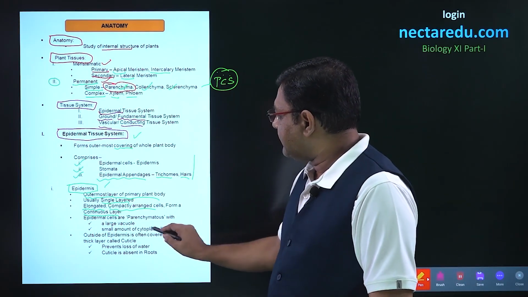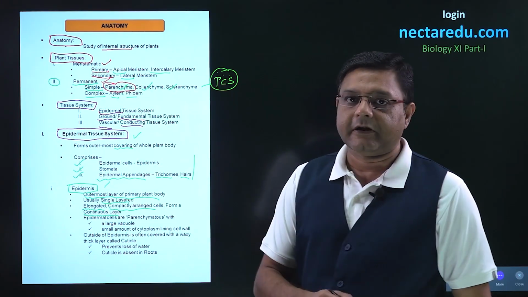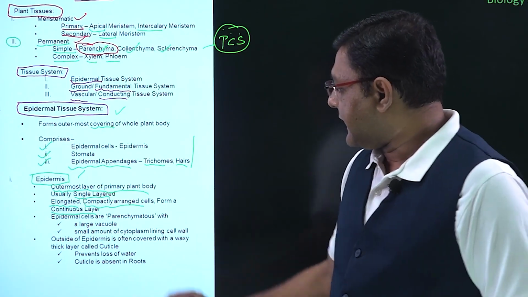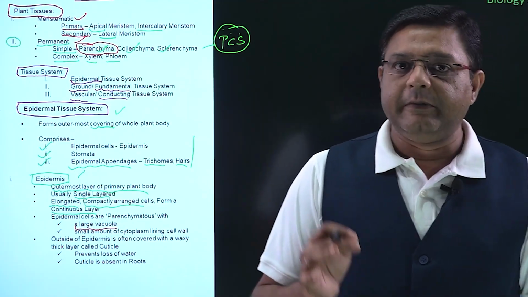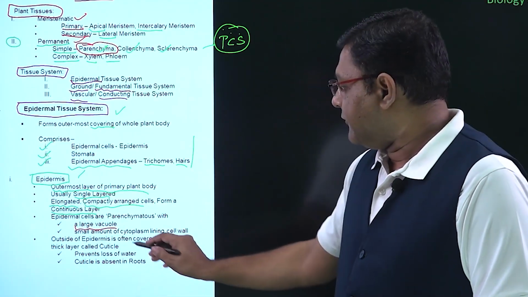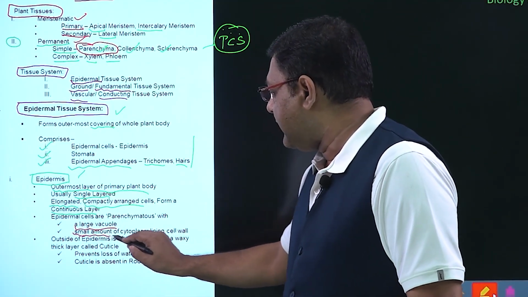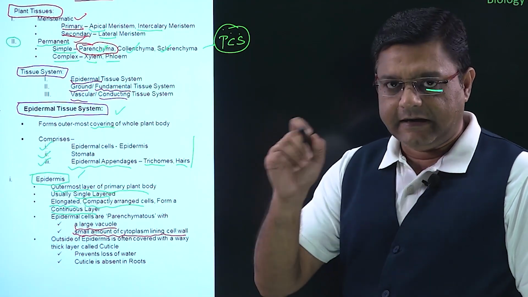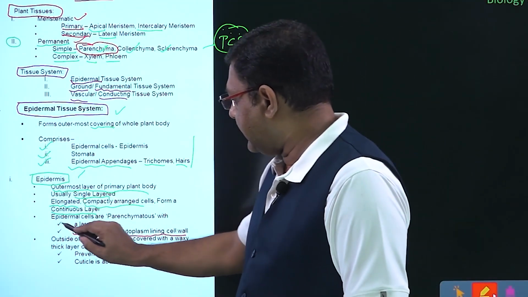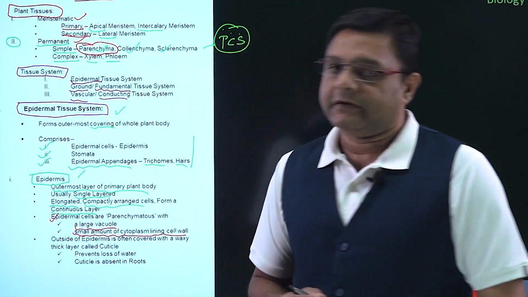So, these cells will be forming this epidermis. These cells are characterized by a large vacuole. If the vacuole is large in the cell, then obviously a small amount of cytoplasm will be present towards the cell wall in a thin layer, and that is the criteria of these epidermal cells.